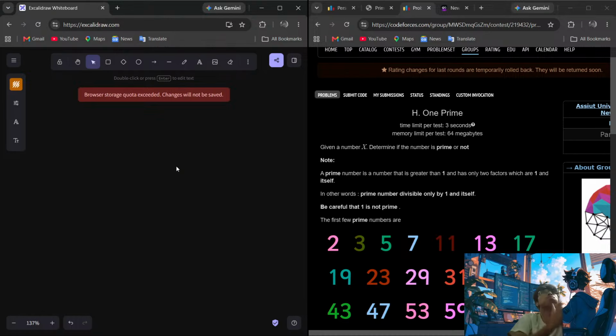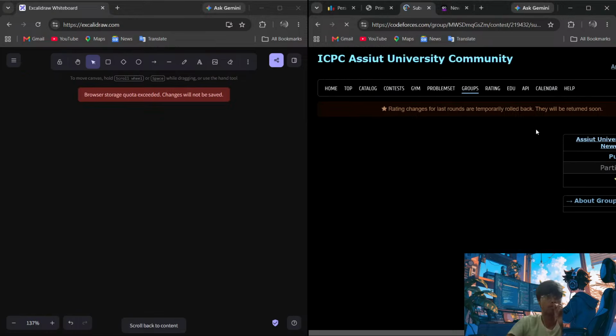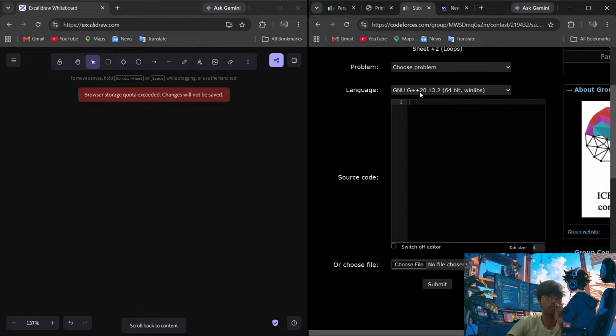So what I know, I have to check whether a particular number is prime or not. Include bits/stdc++.h, using namespace std, int main, and then return 0.